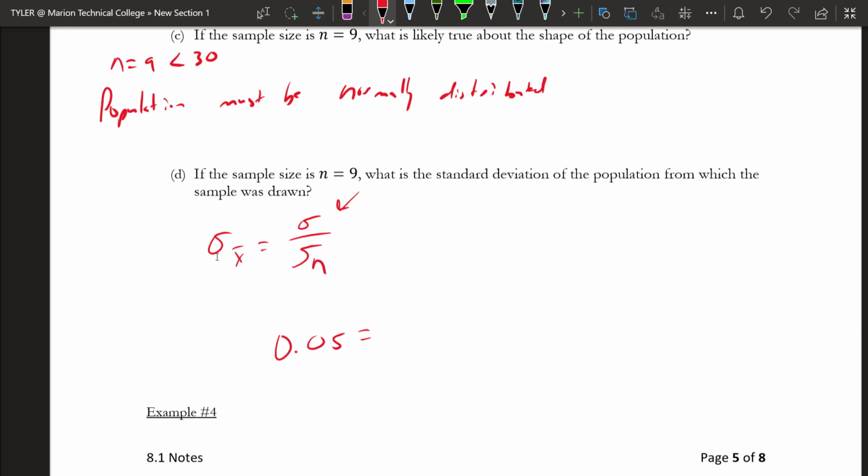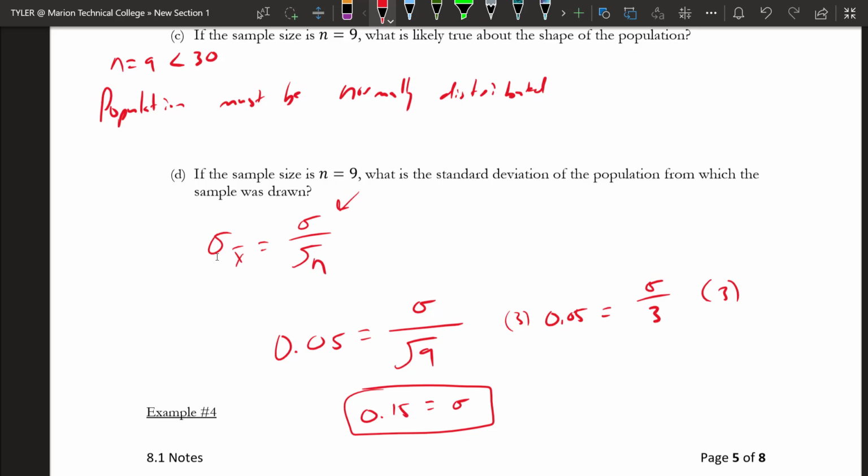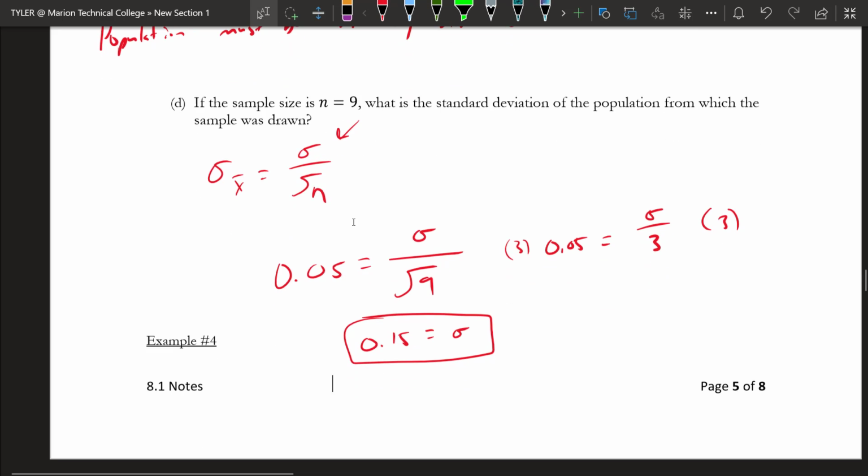And then I have sigma, and then we have square root of 9 for n, right? So square root of 9 is 3, so we'd have 0.05 equals sigma divided by 3. So I can multiply both sides by 3, and I get 0.15 is equal to sigma. Right? So we're just solving that equation, right?